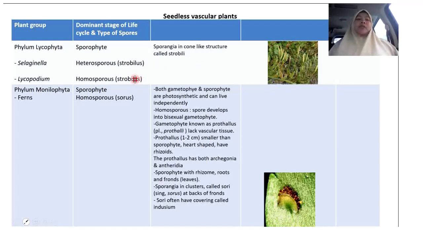For phylum Monilophyta, both the gametophyte and the sporophyte are independent and can live separately, meaning they are not dependent on one another. It produces one type of spore, where the spore develops into a bisexual gametophyte, known as the prothallus.